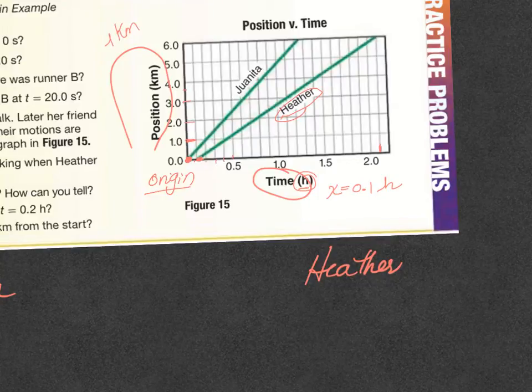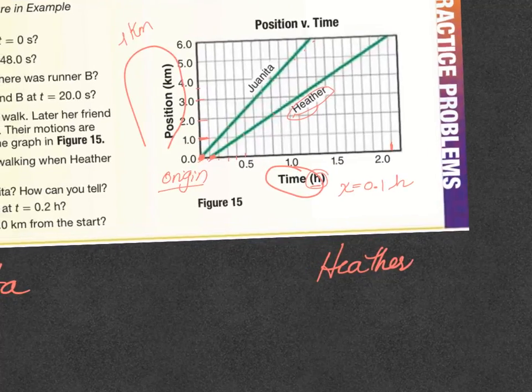Super important. So Juanita starts at the origin, time 0, position equals 0, and she starts moving at a constant rate. Now Heather starts 0.5 hours later, and she starts moving at a constant rate.